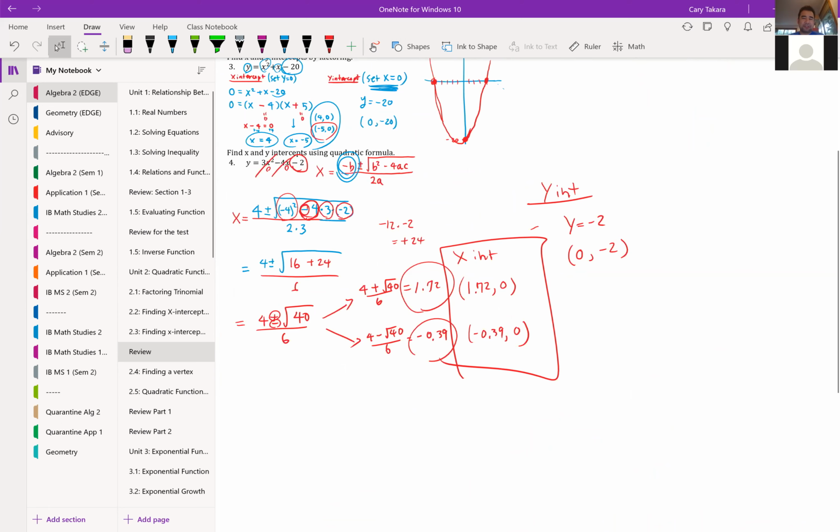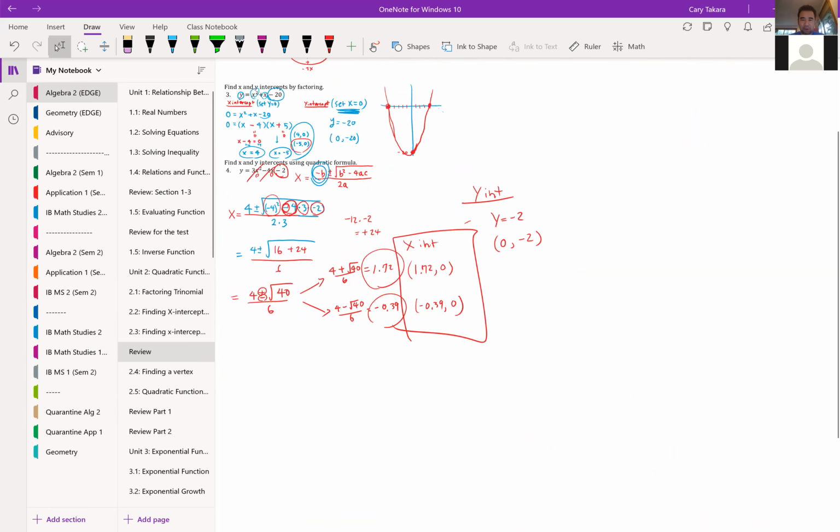Again, let's graph this. Can we do that? This is the last task. Would you locate those three intercepts, and then see if you can connect those three dots with a U shape.